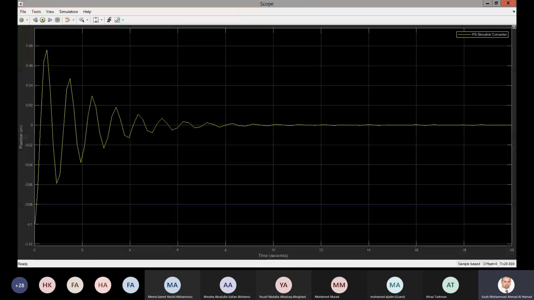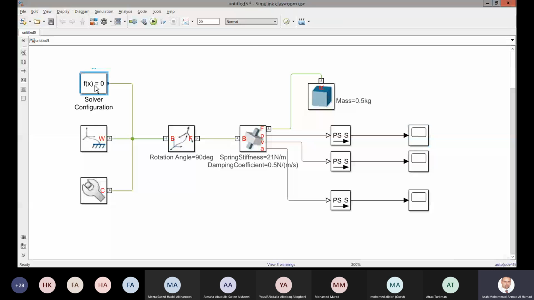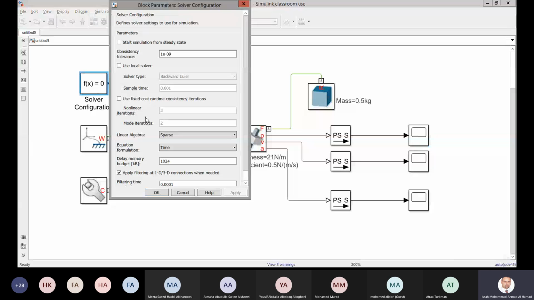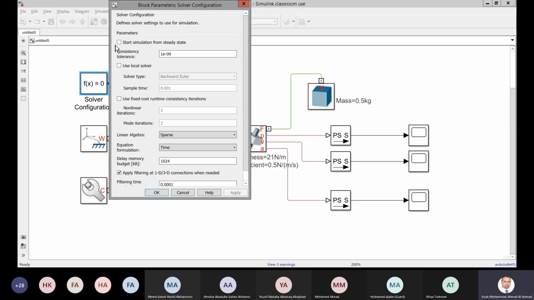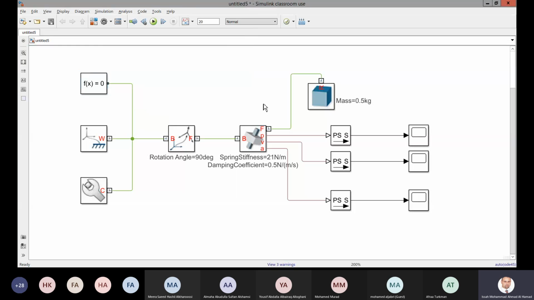I'm sure there is some variable here where you can change the time step, and once you change the time step, it will make it more smooth. I can't find it now, but I'm sure that there is something related to this.